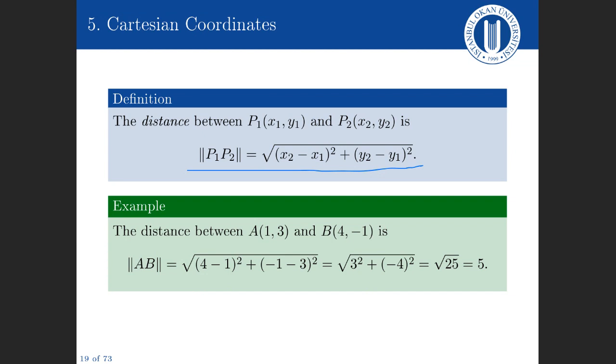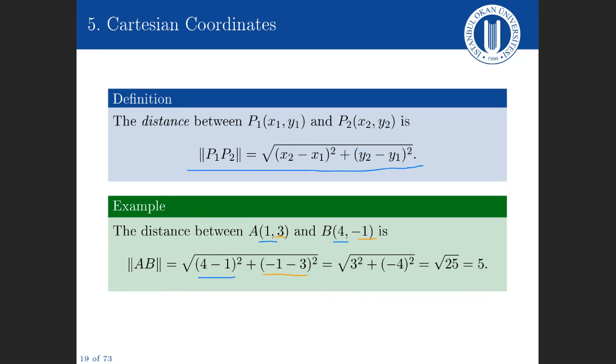For example, let's suppose I want to calculate the distance between 1, 3 and 4, minus 1. Put these numbers into the formula. First I'm going to use the first numbers, 4 and 1, 4 minus 1. And then I'm going to use the second numbers, that's the 3 and the minus 1, to get minus 1 minus 3.